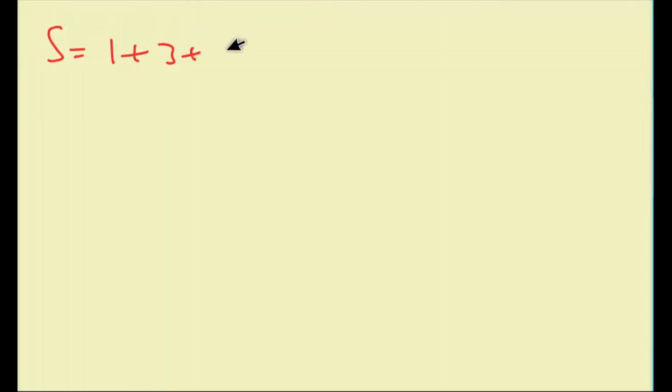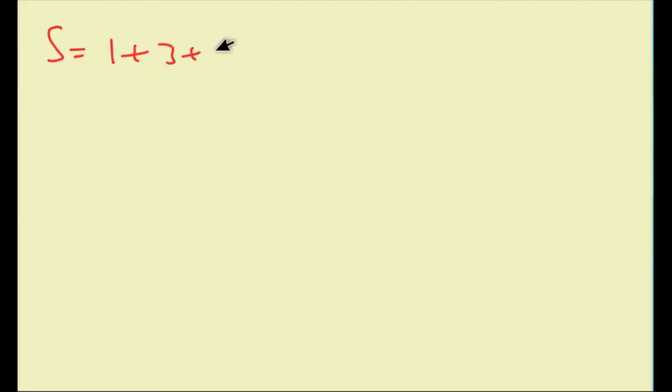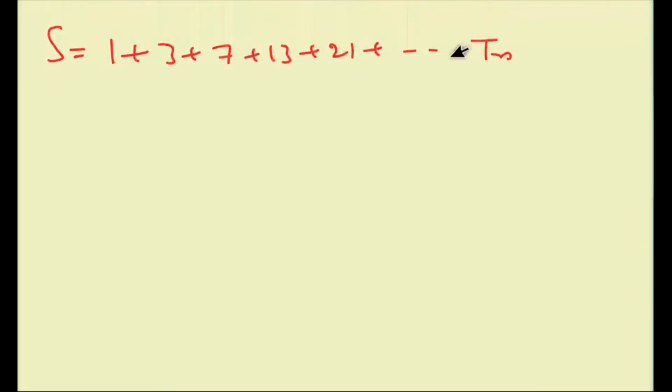1 plus 3 plus 7 plus 13 plus 21, let us find out the Tn term here. So what we write here, first write it and take this step this way, then subtract the next term, as we have already used this one, and we can write here Tn.